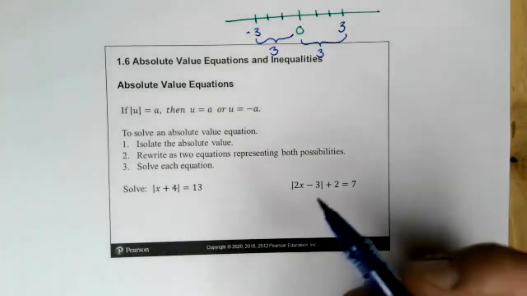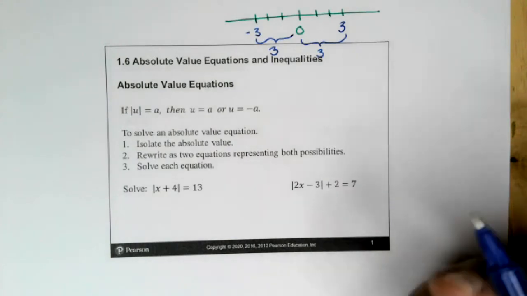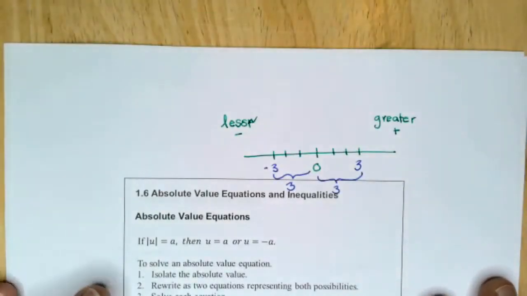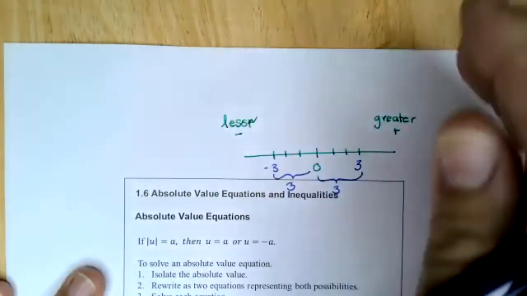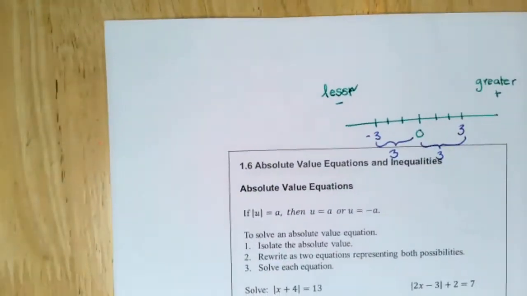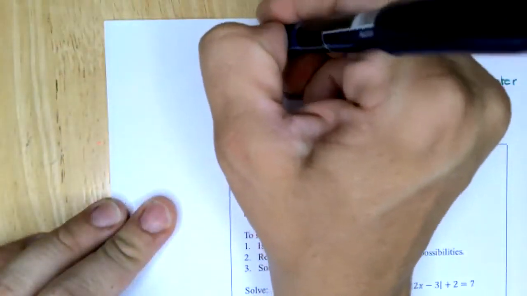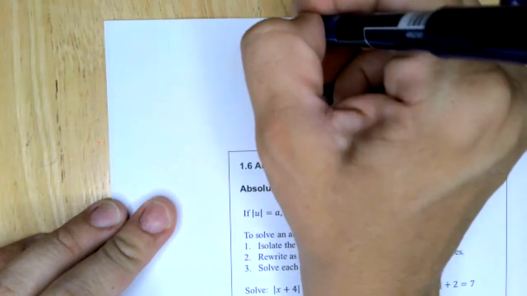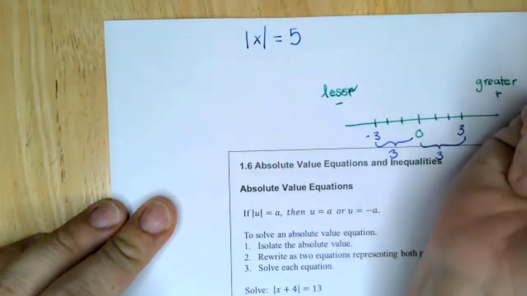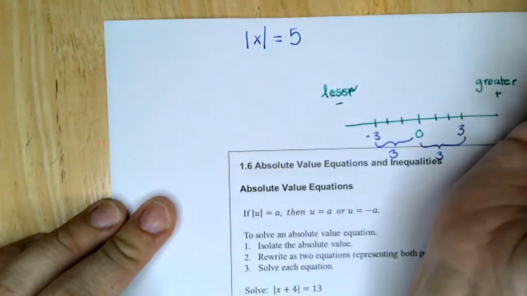So if I have the absolute value of x is 5, what can x be?